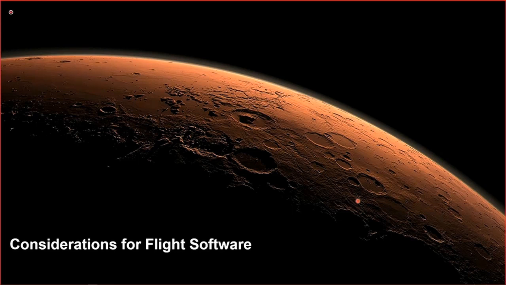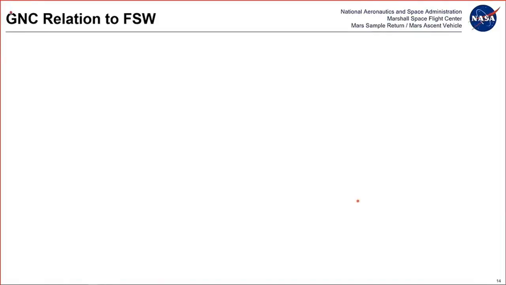So the second part of this presentation is going to talk a little bit about considerations for flight software: what we need to consider and what our current design methodology is for getting this on board the vehicle in the smartest way that we can.